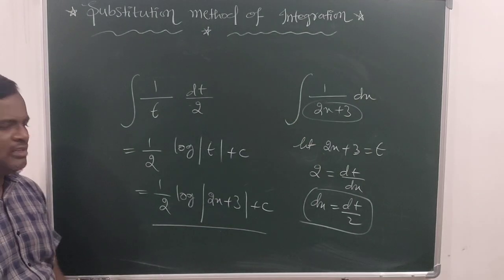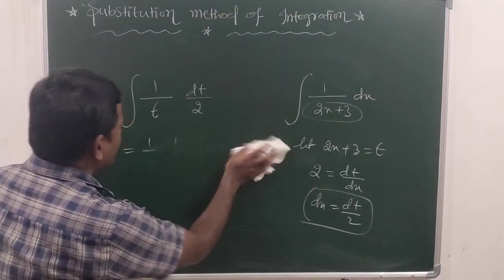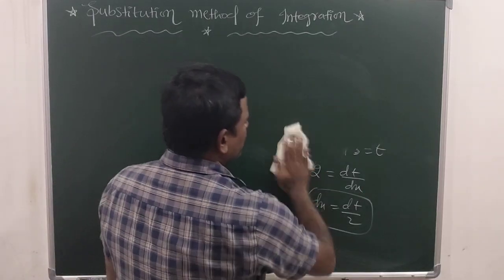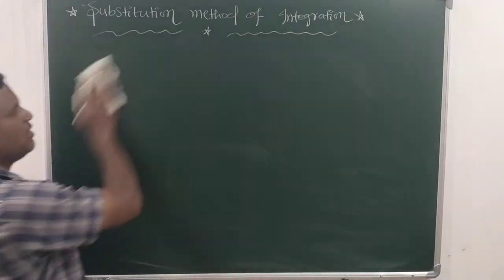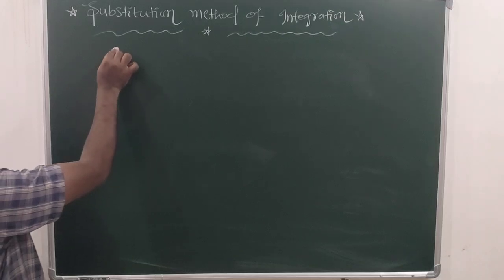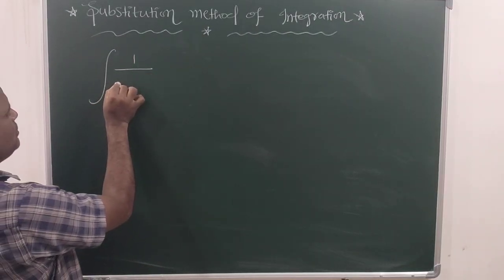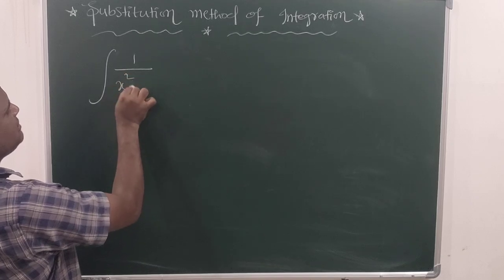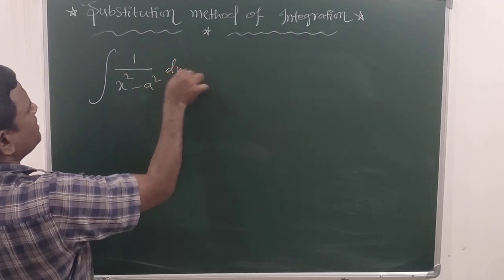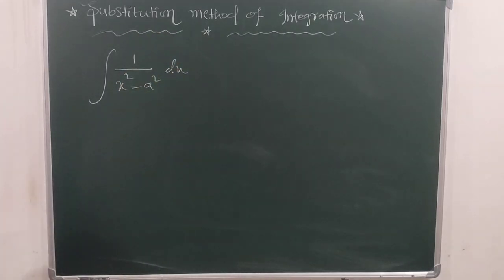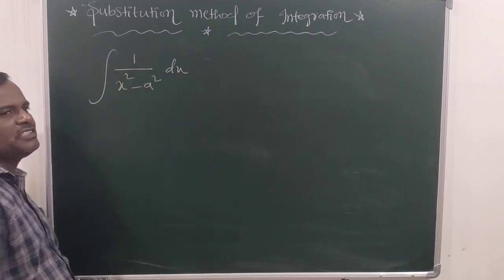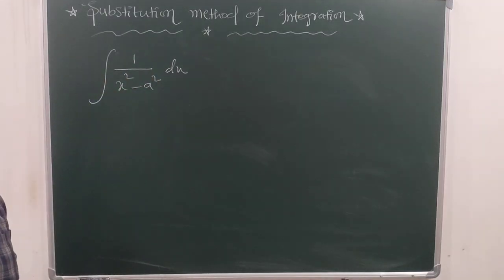Okay, students? Right. Now let us see one more function: the integral of 1 by x square minus a square dx is given. How do you evaluate this integral?